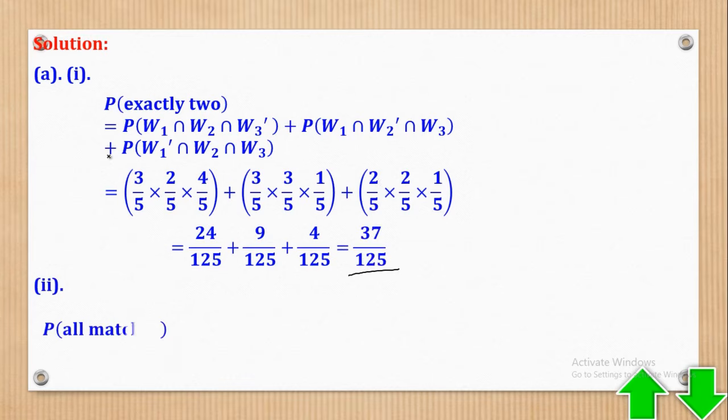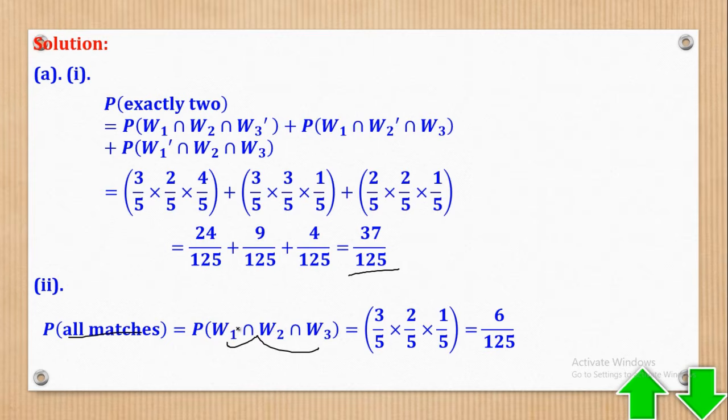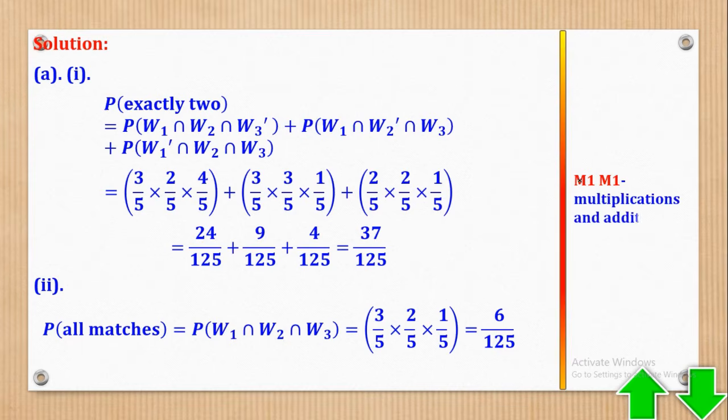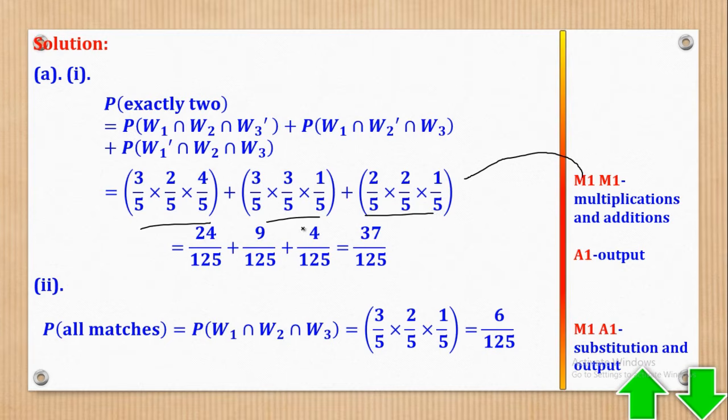Roman 2, they wanted the probability of winning all the matches, so you win first, second, and third. So that is first, second, third. Therefore the outcome was 6/125, and that's what they wanted. So M1 for these multiplications and addition, multiplying all these ones, so this, and this, that is M1.